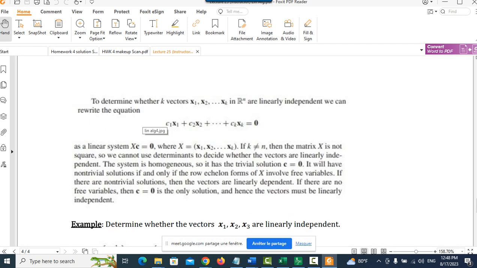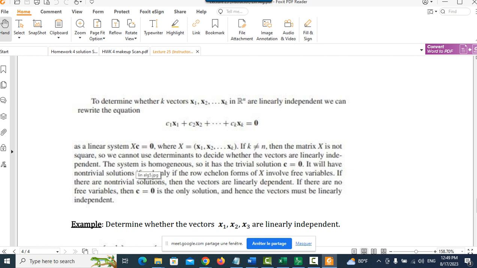Now the next one, to determine whether k vectors x1, x2, all the way to xk in Rn are linearly independent, we can rewrite the equation c1 x1 plus c2 x2 plus dot dot dot plus ck xk equals 0 as a linear system Xc equals 0, where X is equal to x1 all the way to xk. And if k is not equal to n, then the matrix is not a square matrix, so we cannot use the determinant to decide whether the vectors are linearly independent.